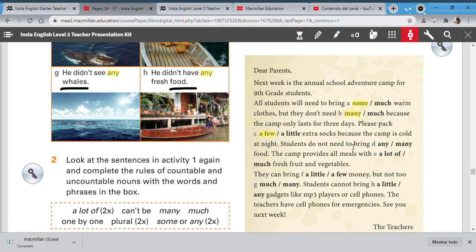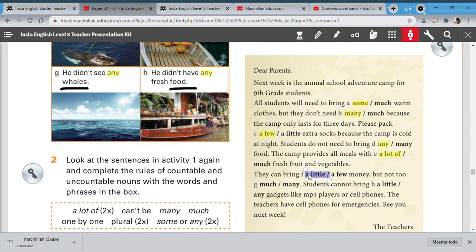Students do not need to bring any or many food. Uncountable, class, uncountable, any, perfect. The camp provides all meals with a lot of or much fresh fruit. A lot of, okay. A lot of, and vegetables, of course. They can bring a little or a few money. Uncountable, a little.